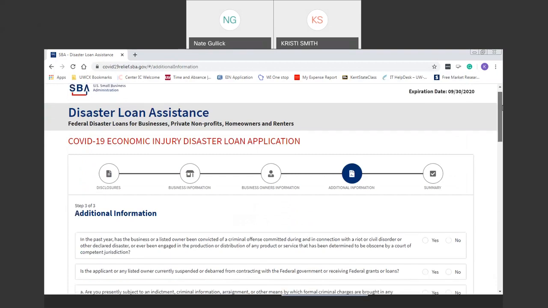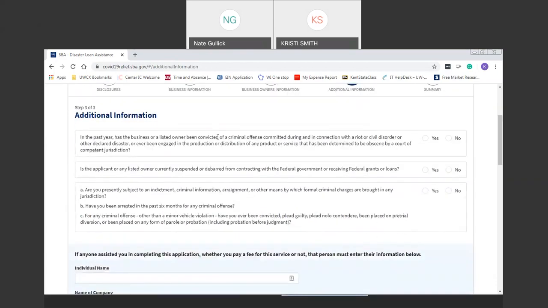On this page, it's asking us some questions as to whether or not the business or any of its owners has been convicted of a criminal offense. You can read the rest of this question here and then click yes or no. It's asking here if the applicant or any of the owners of this business are debarred from contracting with the federal government. You would know if you are, quite frankly.